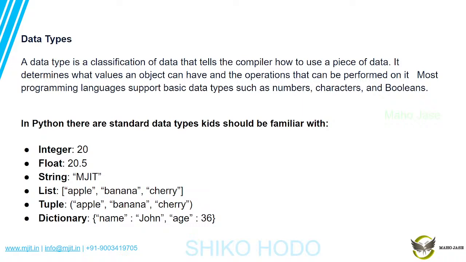Then the fourth one is a list. That is a combination of strings, like apple, banana, and cherry. The next one is tuple: apple, banana, cherry. And the last one is dictionary. So I will explain each and everything: integer, float, string, list, tuple, and dictionary.